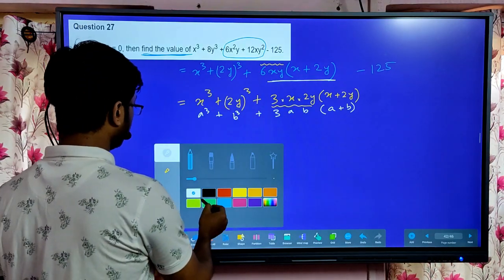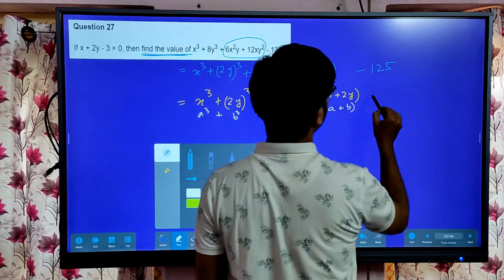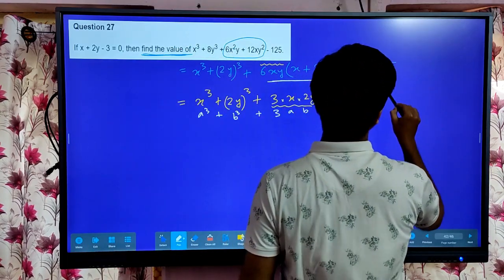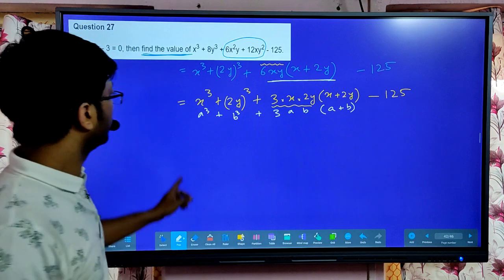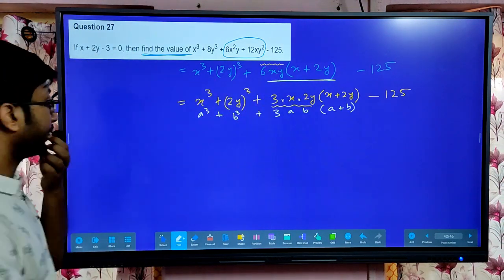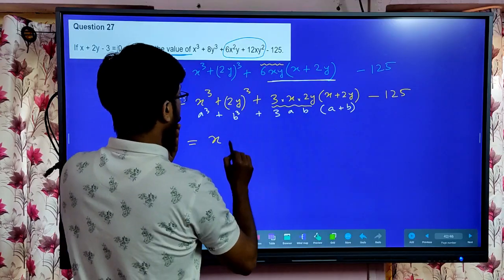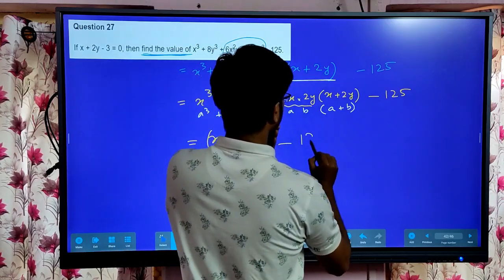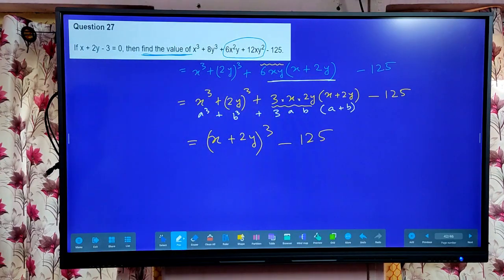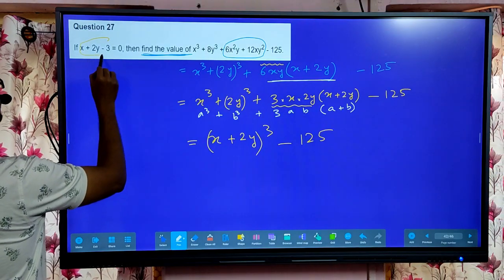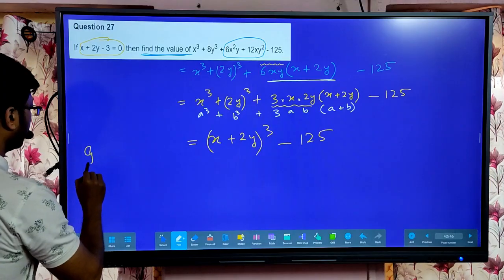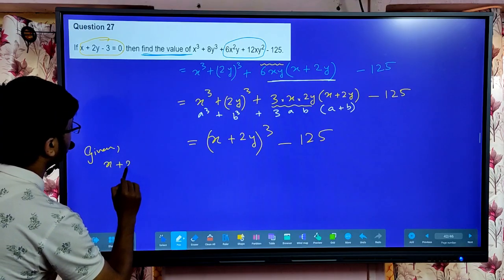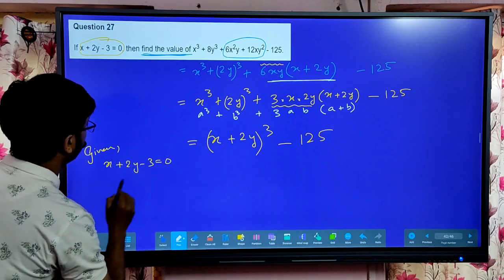Here it is minus 125. Understood? So this portion we can write as a plus b whole cube, right? So a is x, b is 2y. So x plus 2y whole cube minus 125. Now we will use this to find the value. We will write, given x plus 2y minus 3 equal to 0.